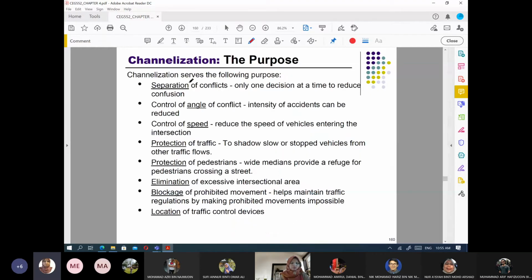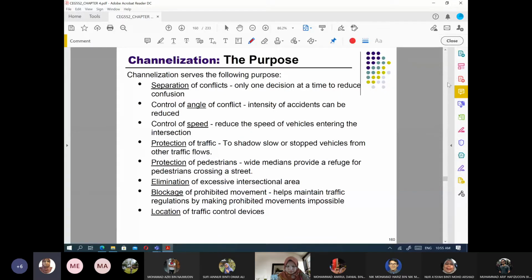The purpose is to separate the conflict, only one decision at a time to reduce confusion, control the angle of conflict, mengurangkanlah angle tadi, control of speed, reduce the speed of vehicle entering the intersection.